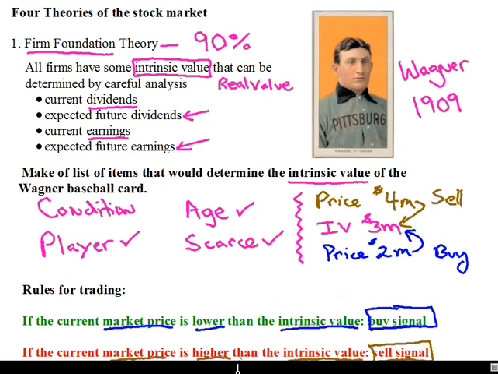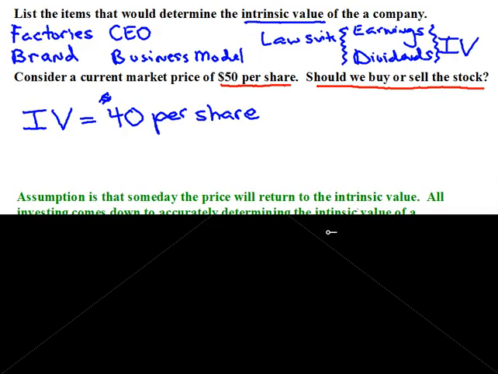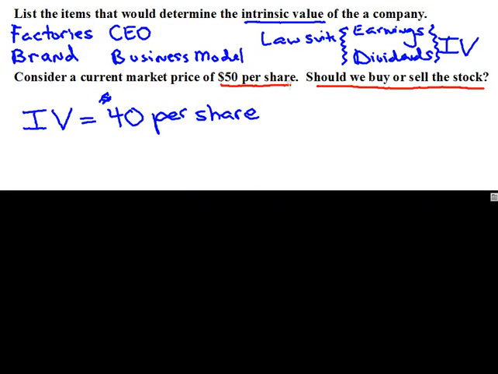So let's go back and figure out whether or not we would buy or sell this company. We would do so by looking at the intrinsic value compared to the share price. Well, the share price is $50 per share, which is greater than the intrinsic value. That's the current market price, and it is higher than the intrinsic value.